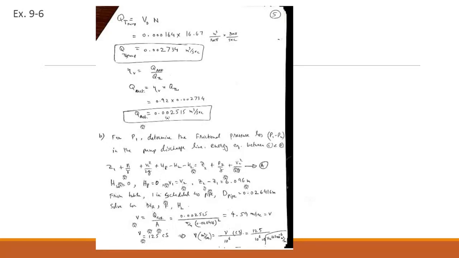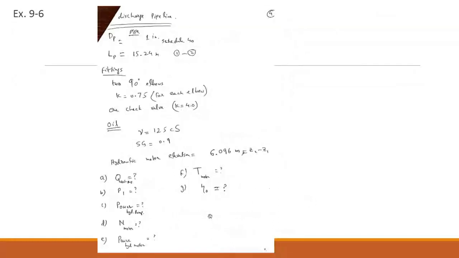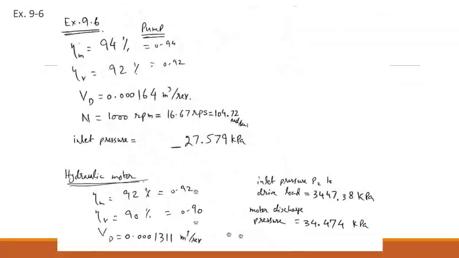Of course, Q actual we just found. So Q actual over the area of cross section of the pipeline, based on the inside diameter of the pipe. The area is pi by 4 times the inside diameter squared. If you go back, you will see this is being calculated, somewhere here.